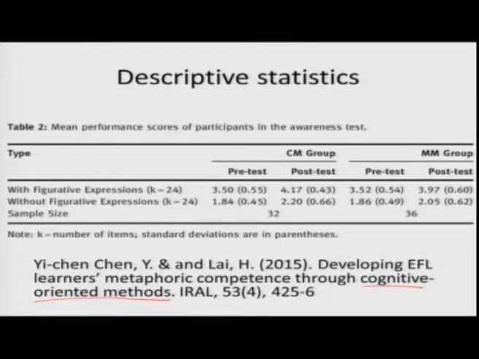If you look at it, there are two groups, then there were pre-test and post-test. These are mean scores, and standard deviation scores are given in parentheses. So, this is an example of descriptive statistics.